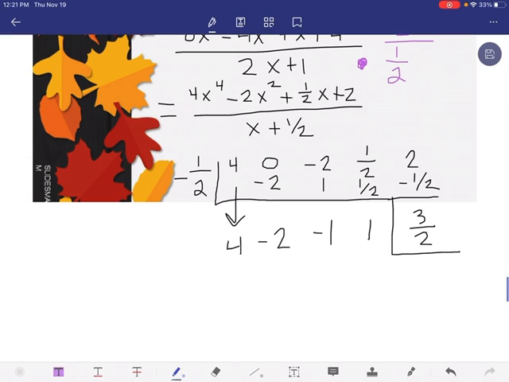Then we're going to rewrite. So remember, this is our constant, x squared, x to the 3rd. So we get 4x to the 3rd minus 2x squared minus x plus 1.